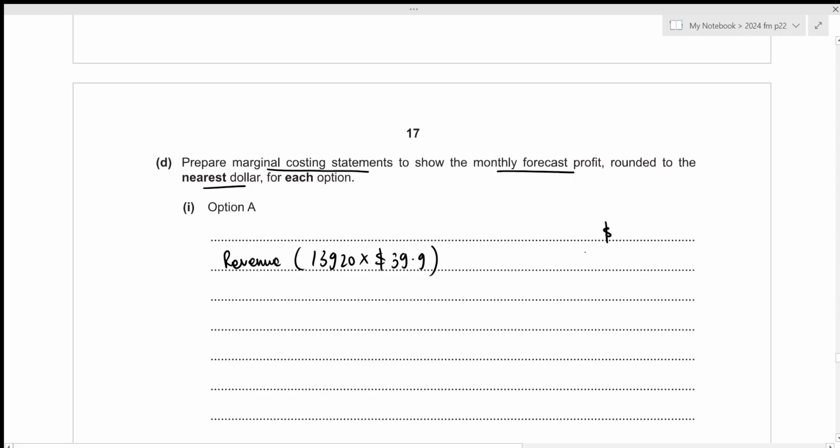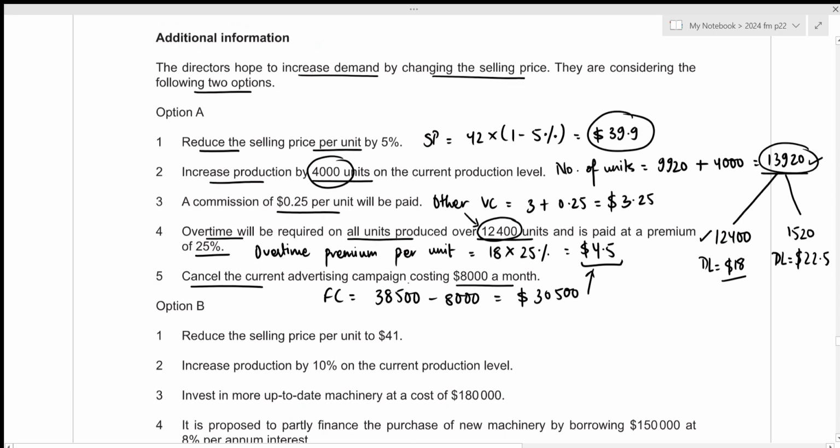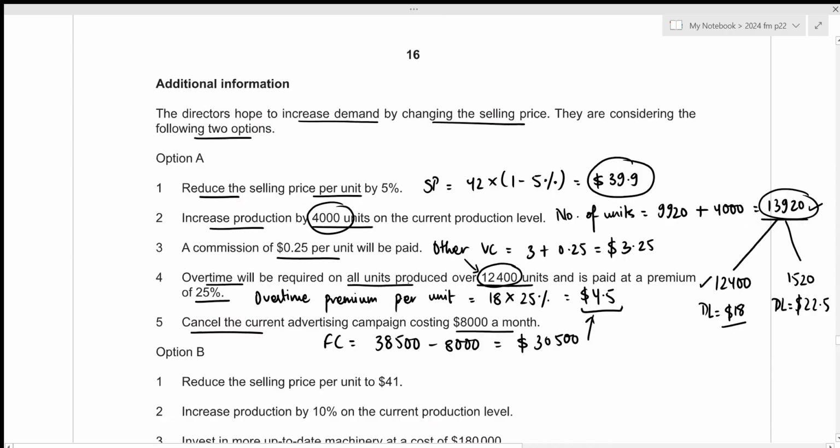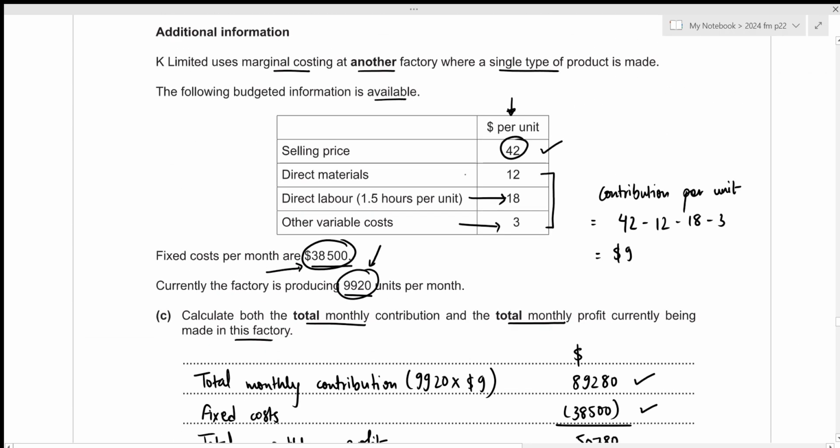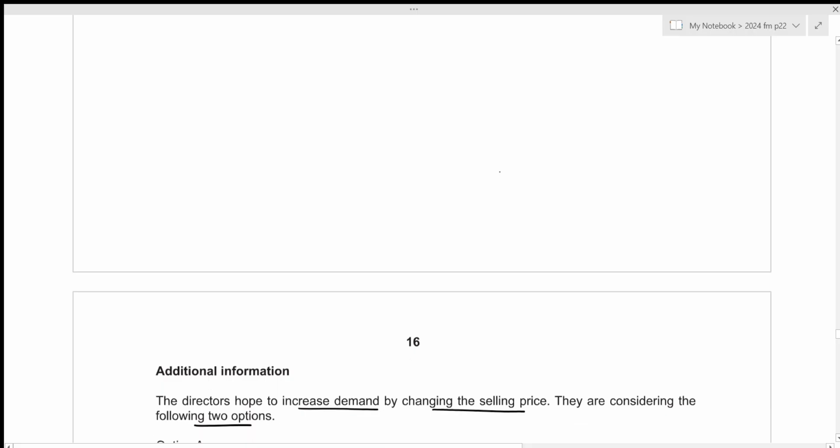This results in the total revenue of 555,408. Then we need to repeat the same process for our direct material. Again, the total number of units is 13,920 and the direct material per unit will remain the same. There is no change under option A. So that will still be 12.